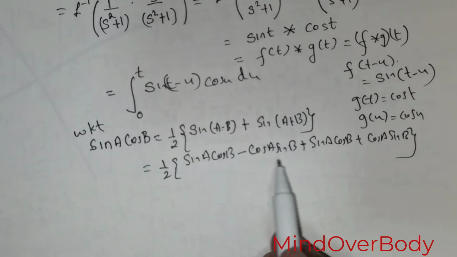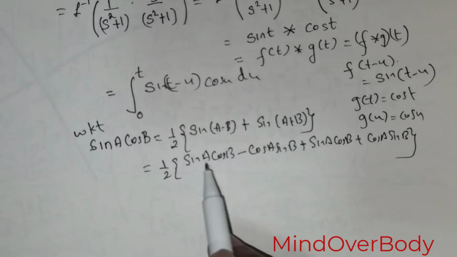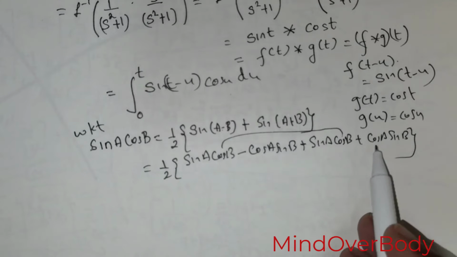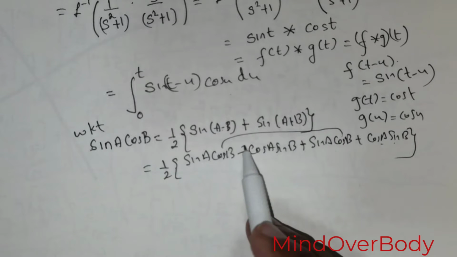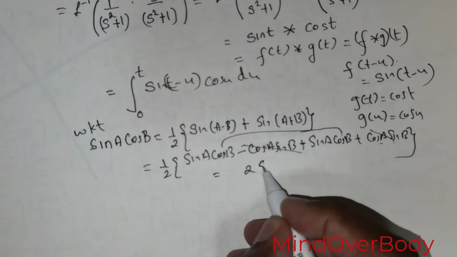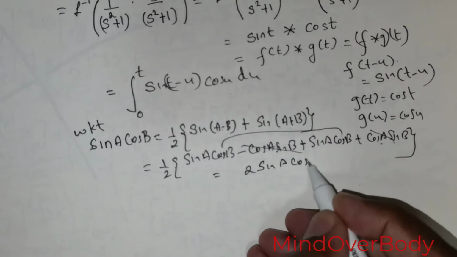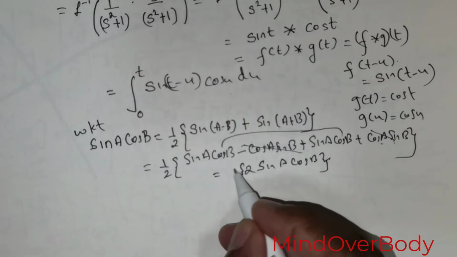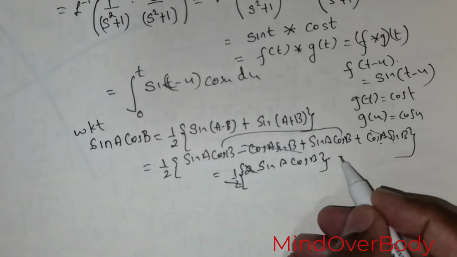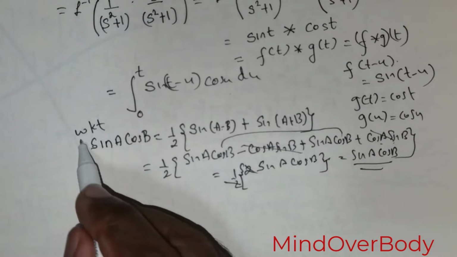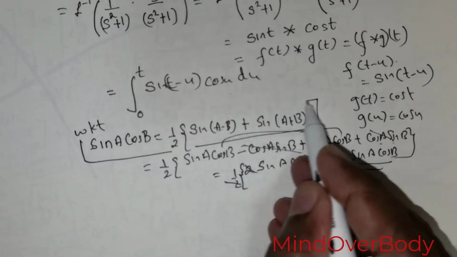Now, sine A cos B and sine A cos B, these two can be added. Negative cos A sine B and positive cos A sine B, these two cancel. So what do you get? You get 2 times sine A cos B multiplied with 1 over 2. So the 2 gets cancelled, giving you sine A cos B. That is why this is a very important formula.